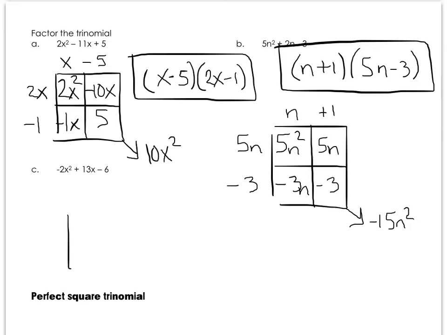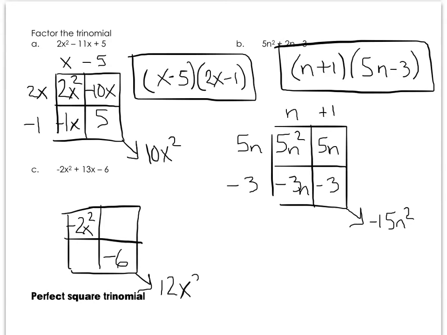Okay, let's check this one. Okay, there's a negative 2x squared. There's a negative 6. If I multiply those, that makes a positive 12x squared. So even though there's a negative out front of there, it doesn't really seem to affect the box method, which is nice. So multiples of 12 that add up to 13 are 12x and 1x.